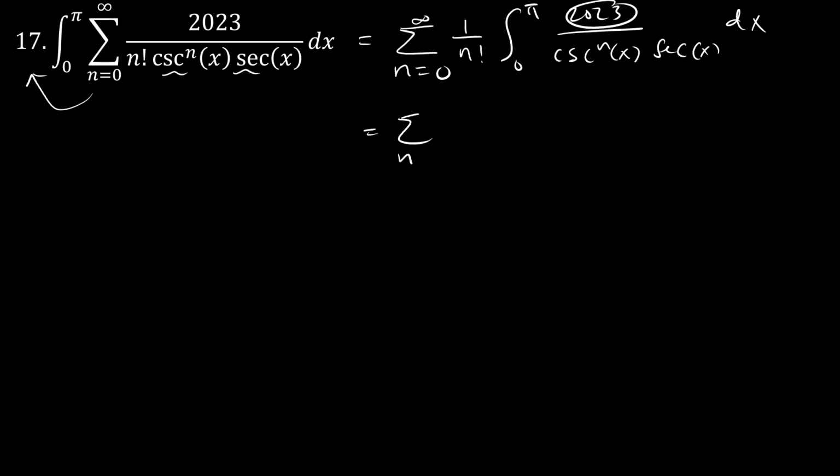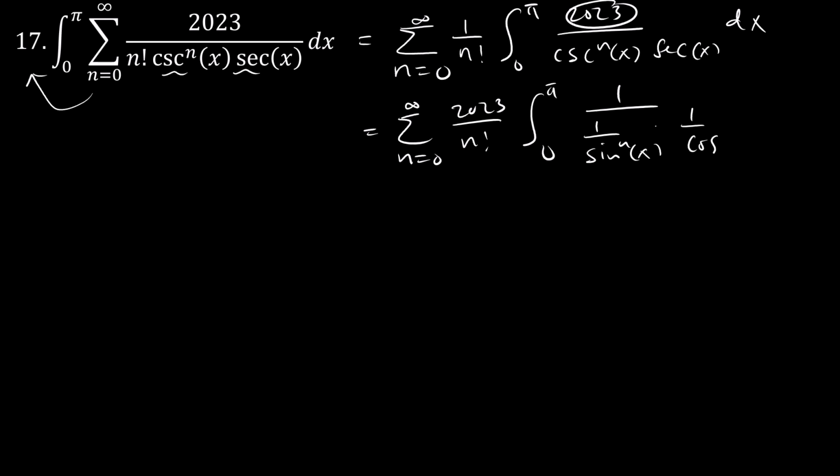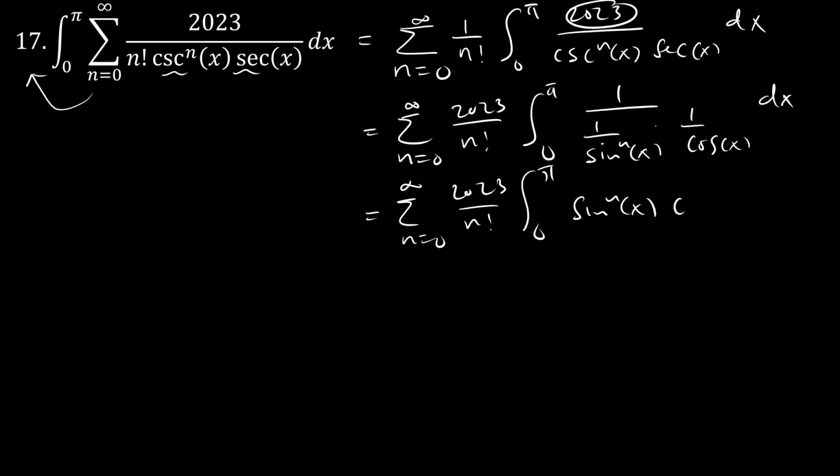So the summation from n equals 0 to infinity of 2023 over n factorial, integral from 0 to pi of 1 over sine to the n of x, 1 over cosine of x. So this is the same as n equals 0, 2023 over n factorial times the integral from 0 to pi of sine of x times cosine of x.